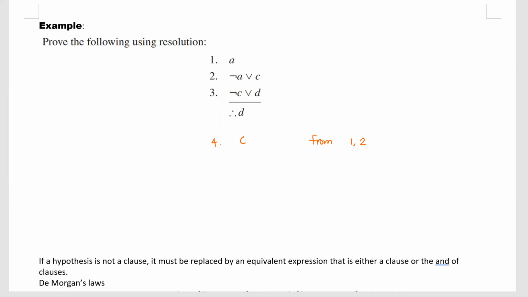And then, because C is true, not C is false, but not C or D is true, then D must be true. So here we get D is true, and this is from 3 and 4. Okay, and we are all using resolutions. So far, so good, everybody?